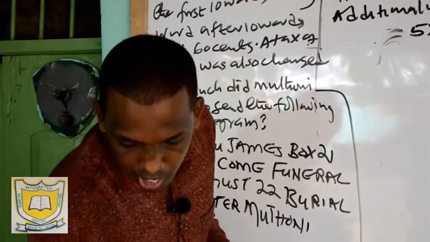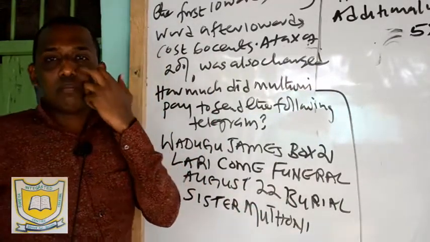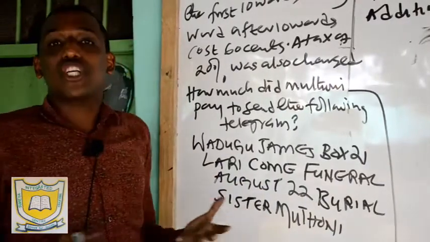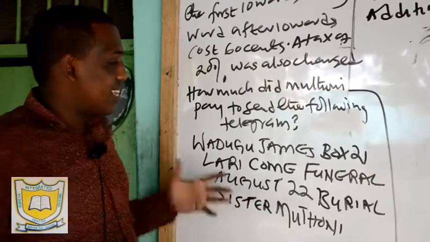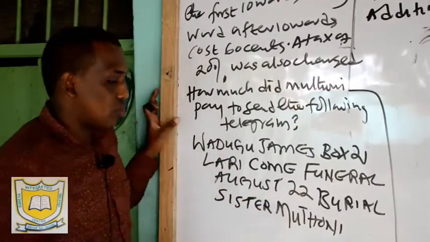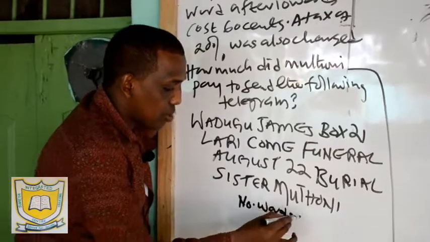There's no full stop. In a telegram, we don't use primary verbs or helping verbs. We also don't use conjunctions because we avoid the charges. So, the first thing we do, we must find the number of words.